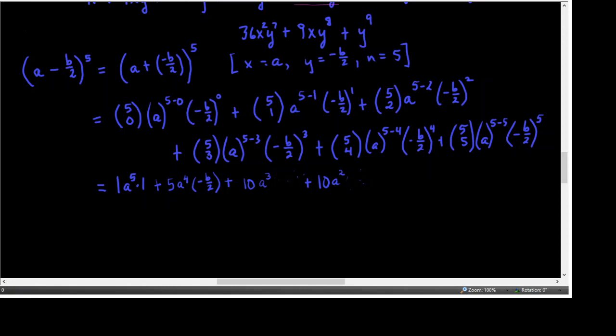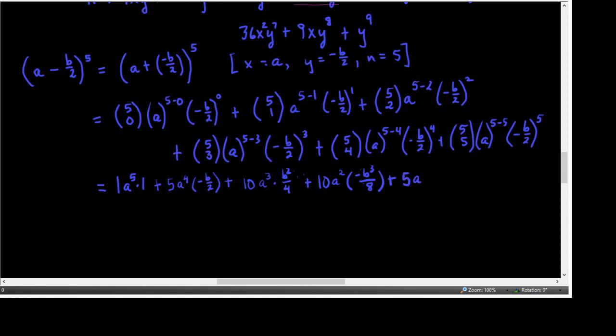Negative b over 2 squared is negative b times negative b, which is b squared, over 2 times 2 is 4. Okay. And then a squared, you're going to have times negative b over 2 cubed. Negative b times negative b times negative b is the opposite of b cubed, over 2 times 2 times 2 is 8. Plus 5 choose 4 is 5.